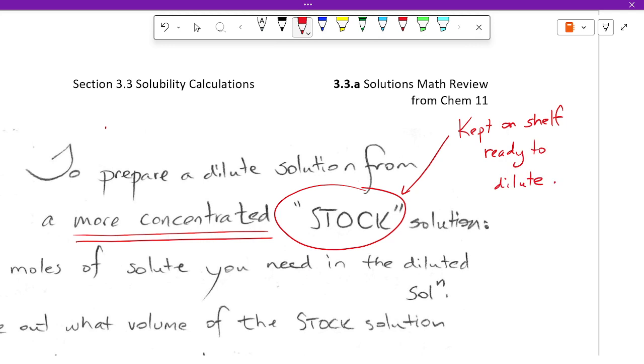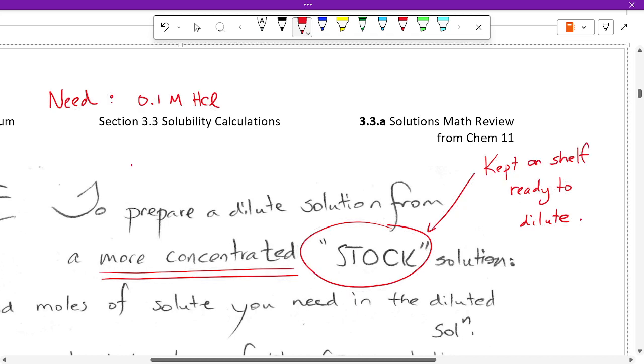So for example, we have recently run out of 0.1 molar hydrochloric acid that goes in little bottles that we use in grade 8 and 9 and 10, okay? So we need 0.1 molar HCl.